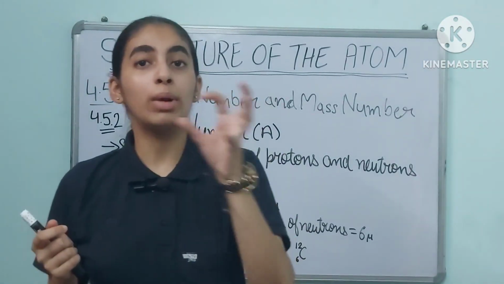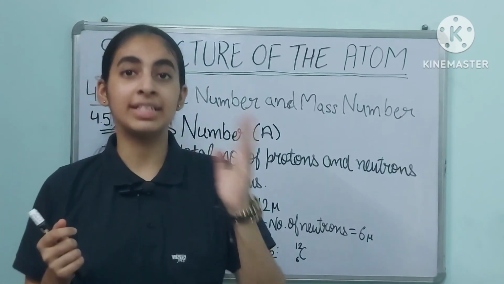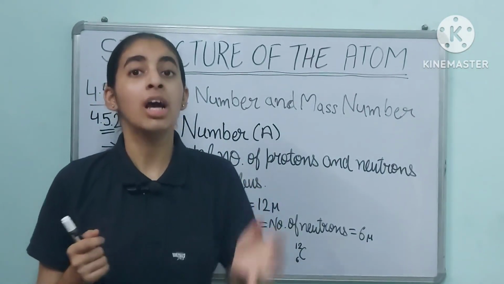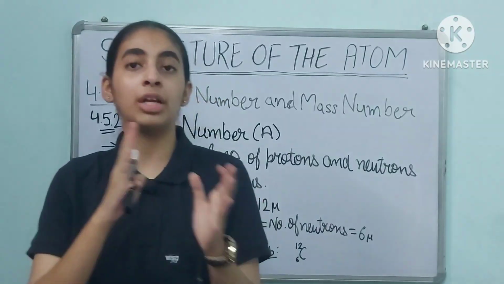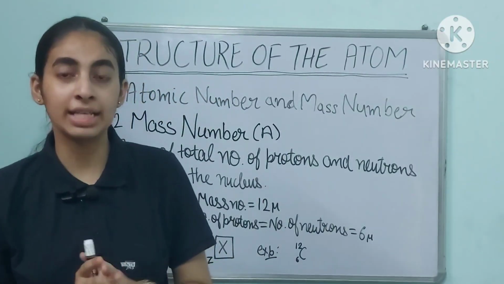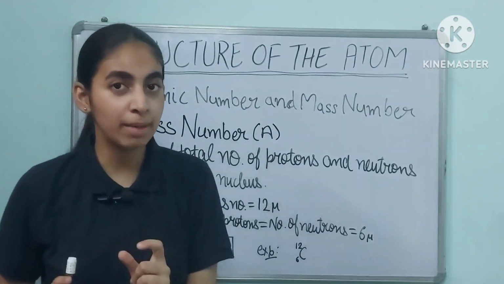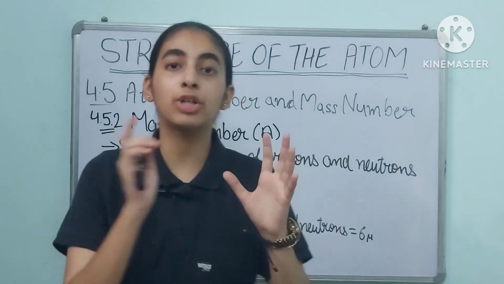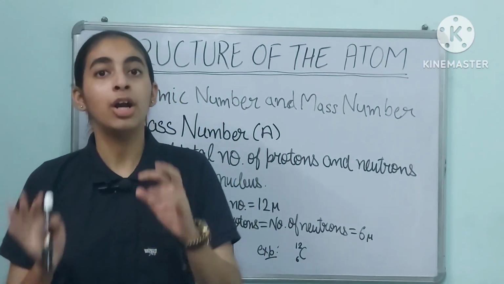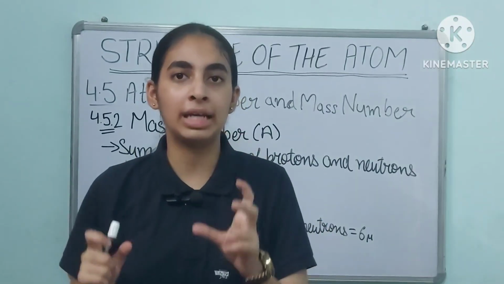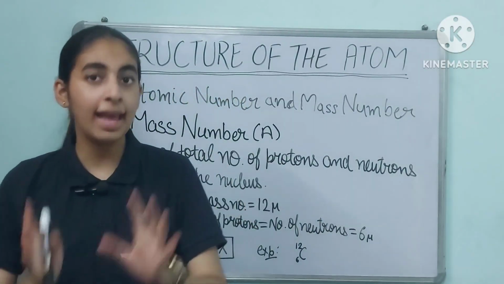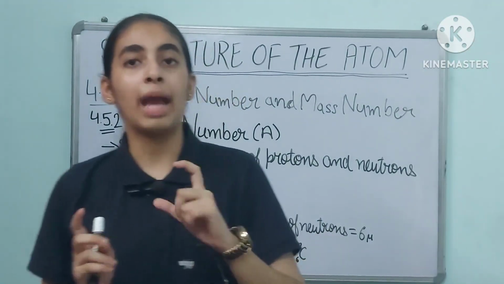Atomic number was only the total number of protons present in the nucleus, and mass number is the sum of the total number of protons and total number of neutrons present in the nucleus. Mass number is denoted by capital A and atomic number is denoted by capital Z. Don't get confused between the symbols. Atomic number is not written by capital A, it is written by capital Z, and mass number is written by capital A.